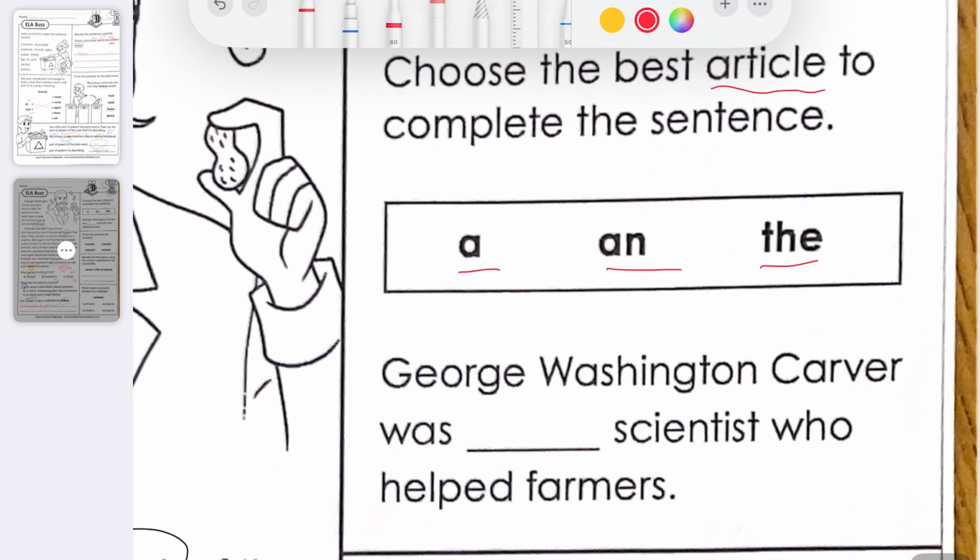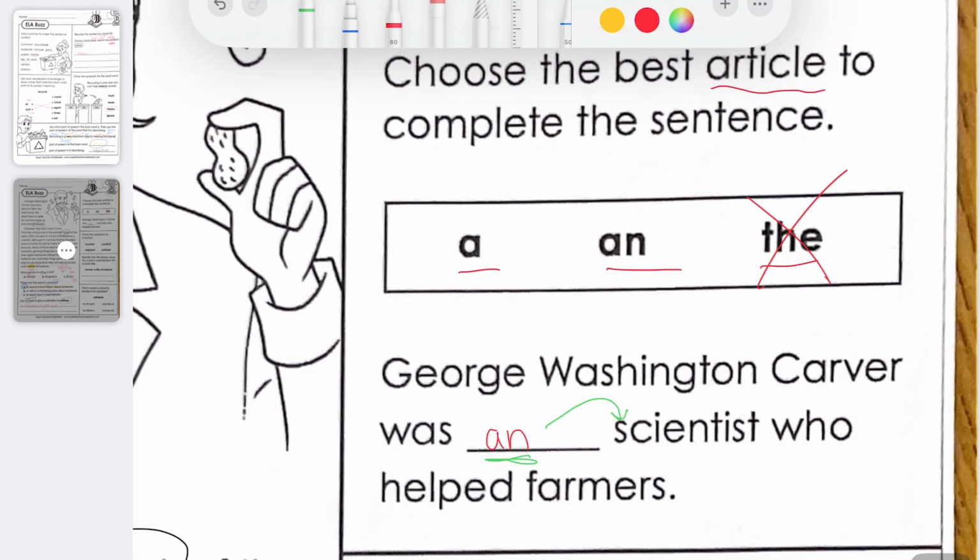George Washington Carver was blank scientist who helped farmers. Was a scientist, was an scientist, was the scientist. So was he the only scientist who helped farmers? No, he was not the only one. So that one is out. Was an scientist? No. So there's an actual trick for this. For an, the next word needs to start with a vowel to use the word an.